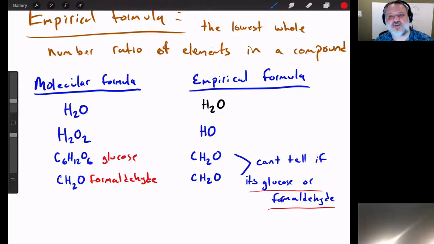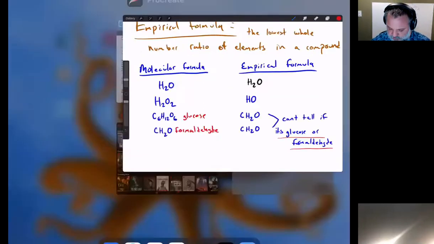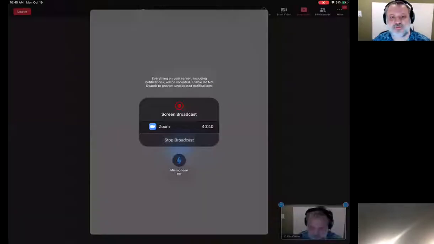So the reason why we talk about empirical formulas is that it is directly related to a type of experiment that you can do in real life with different compounds. And so I'm going to leave it there for the day, and we'll come back and start with empirical formulas, and we'll use mass percent compositions to calculate empirical formulas.